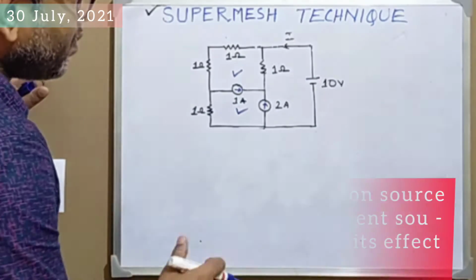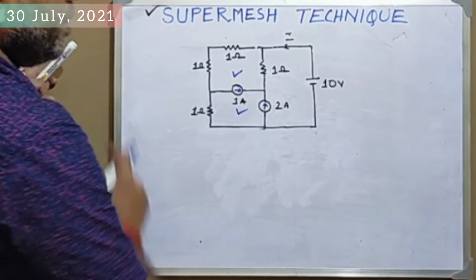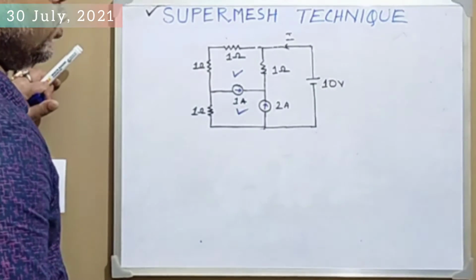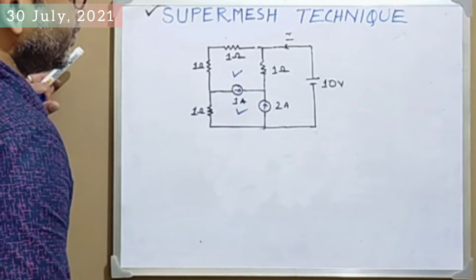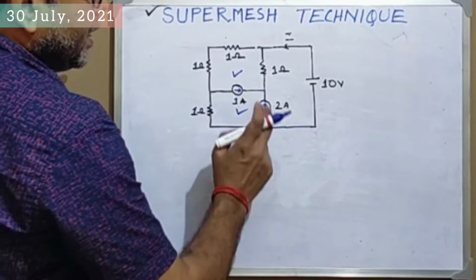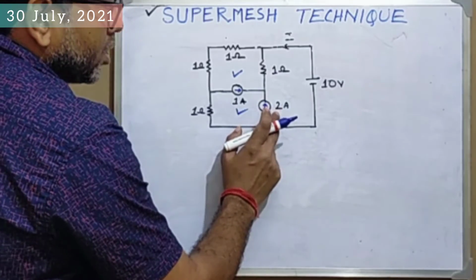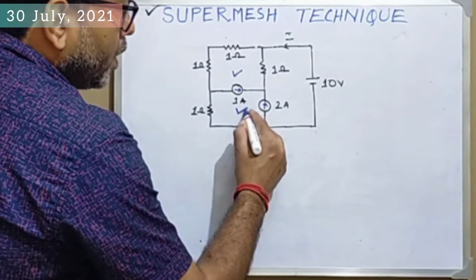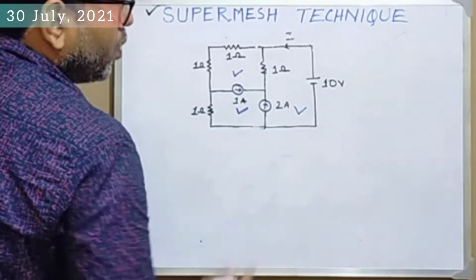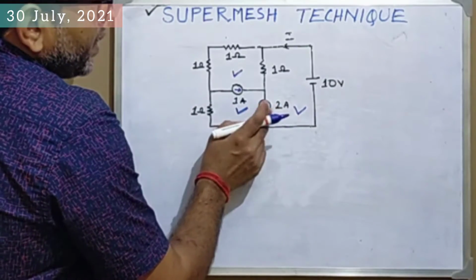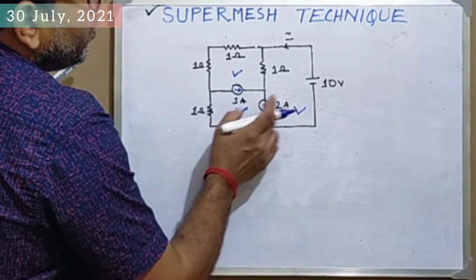Then you should eliminate this current source from the circuit. Similarly, the 2 ampere current source is common to this loop as well as this loop, so you can eliminate the 2 ampere current source from the circuit.